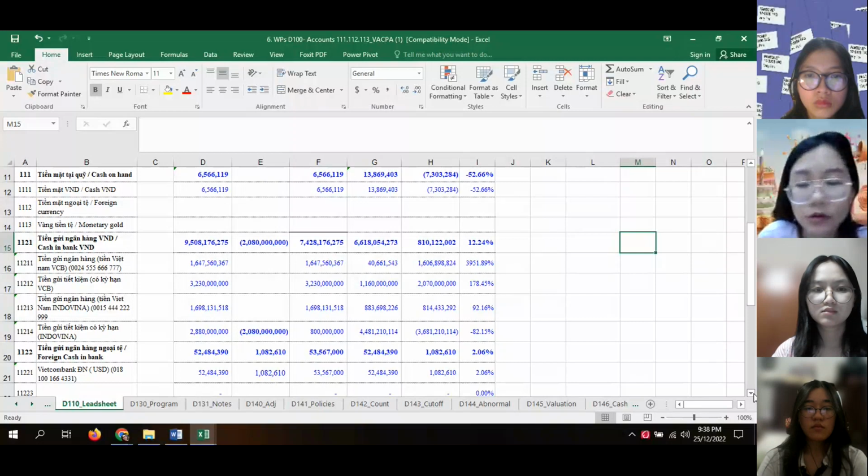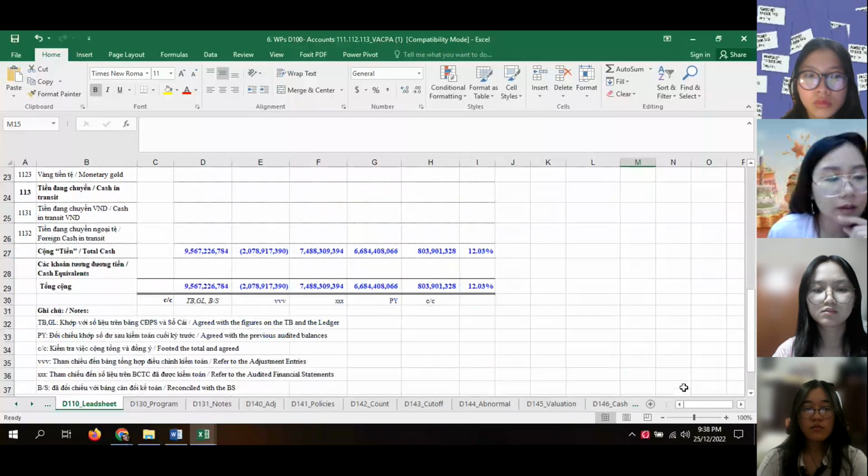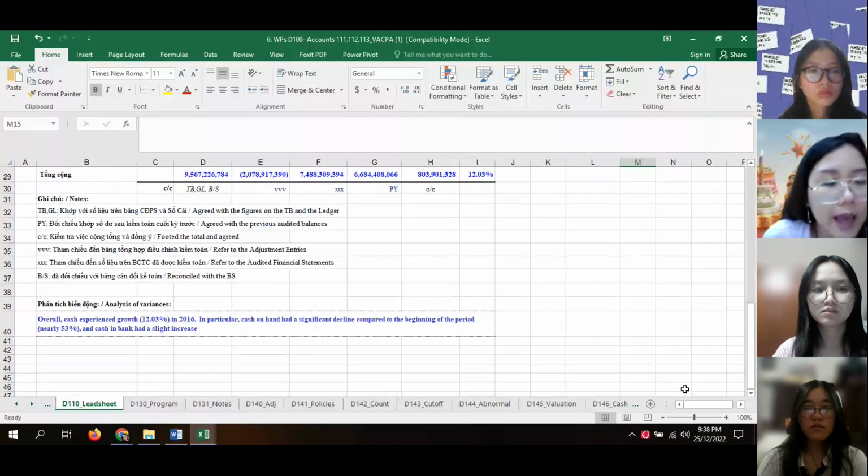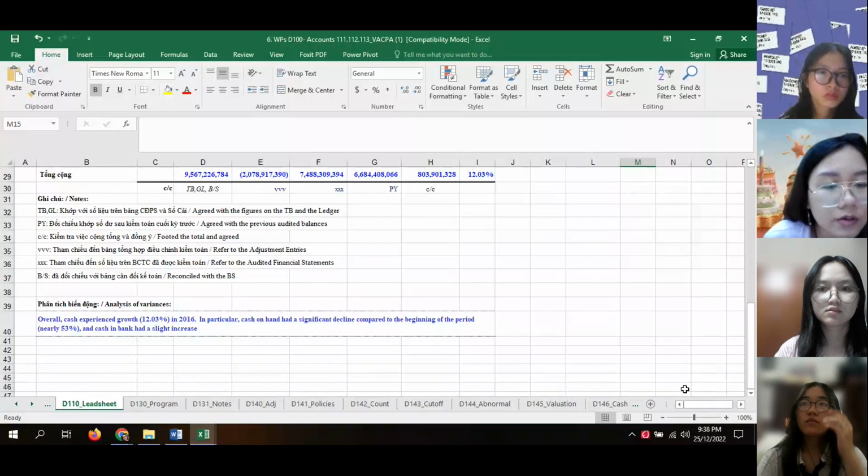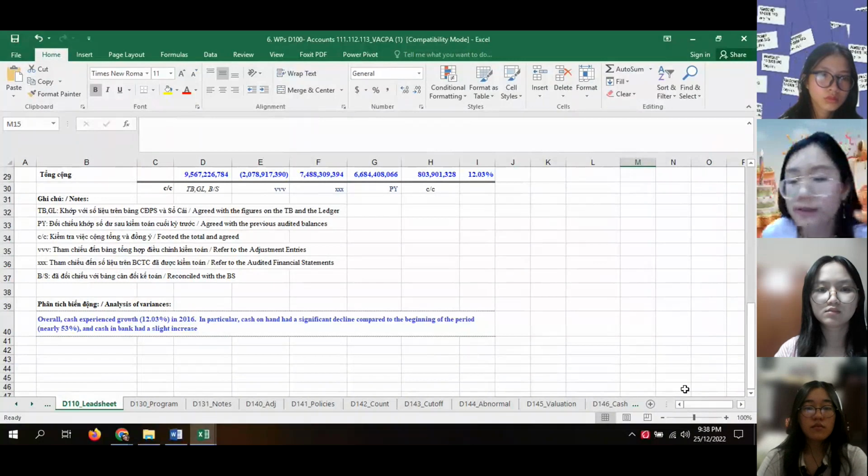You can scroll to the conclusion, please. Overall, cash experienced growth of 20.03% in 2016.